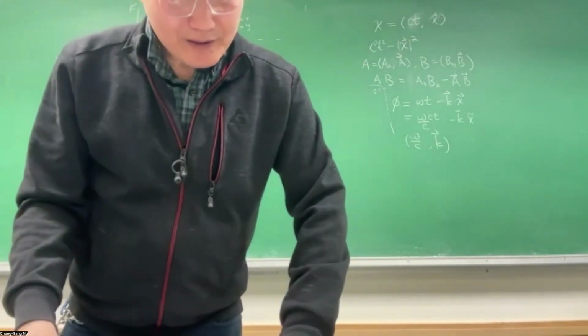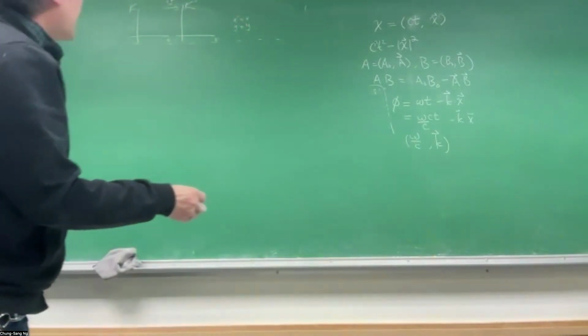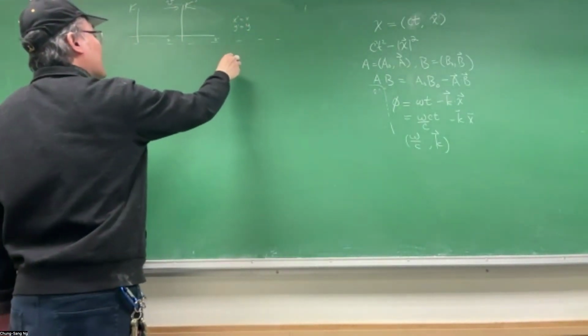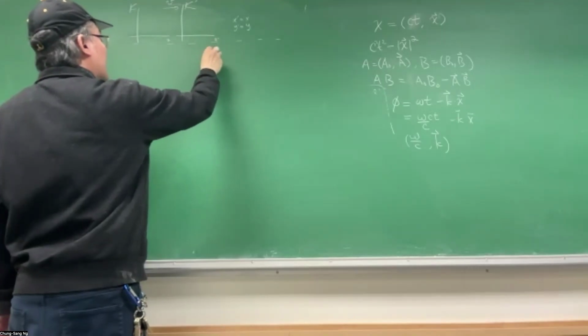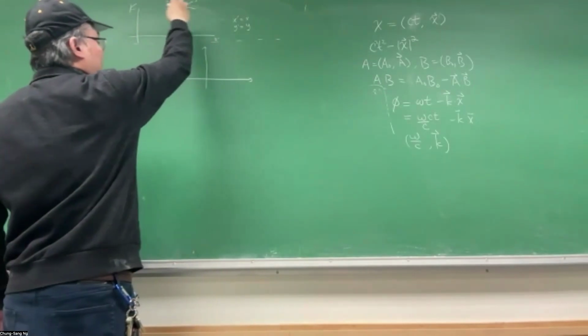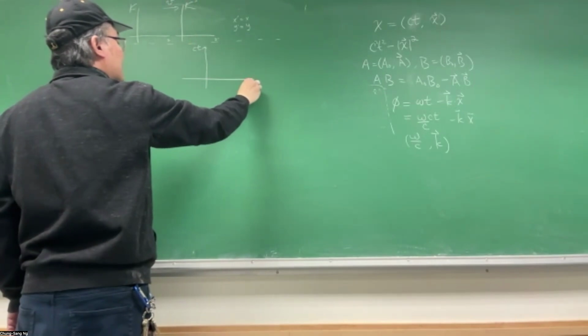Okay. Now the next subsection talks about these space-time events, and we do a little bit of classification. So you draw it like this. This is what we call the space-time diagram.